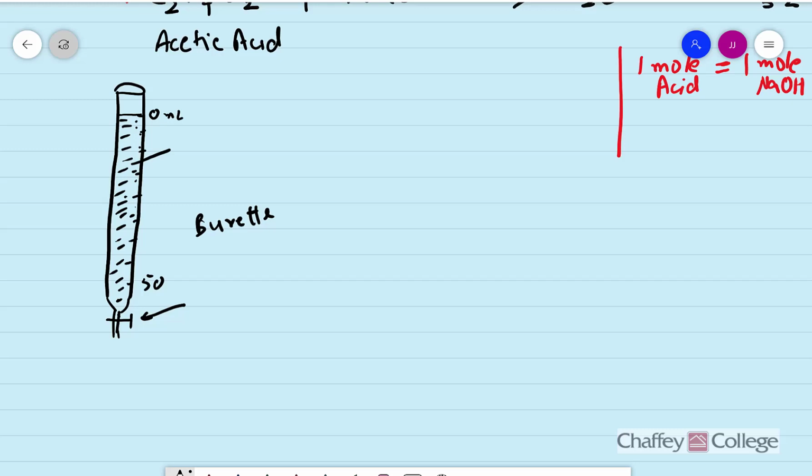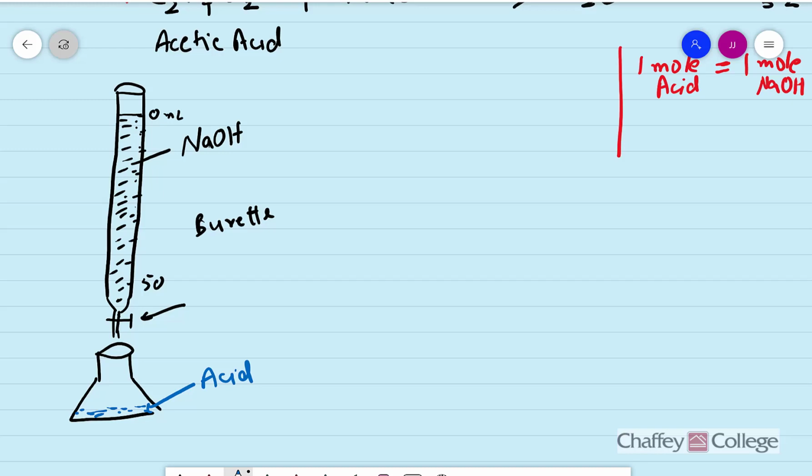So in this experiment we are going to take our base in the burette. Our base is sodium hydroxide, and we are going to take acid in an Erlenmeyer flask. We are going to take a specific quantity of acid, in order to perform the titration experiment. Titration essentially means neutralization of acid with a base.